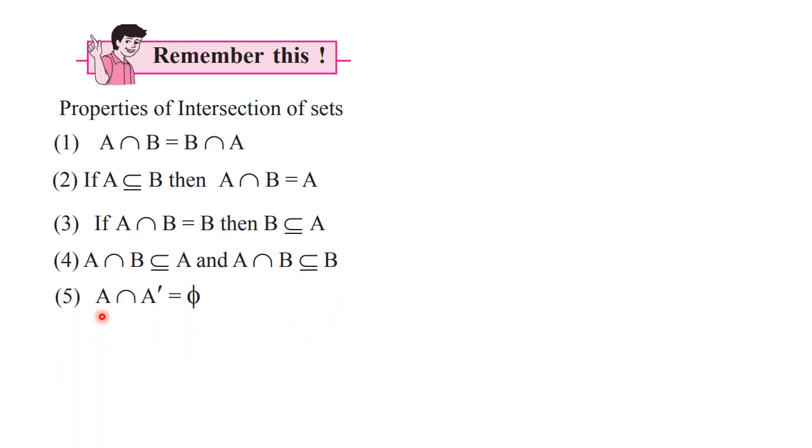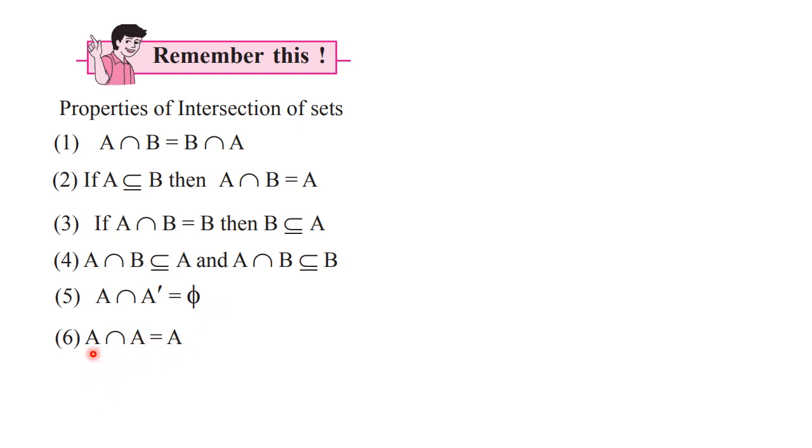Next, A intersection A complement is a null set. When we learn complement, there we saw that A and A complement are totally different sets. There is no element common in those two sets. That is why the intersection of the set and its complement is a null set. Next, A intersection A is the set itself.